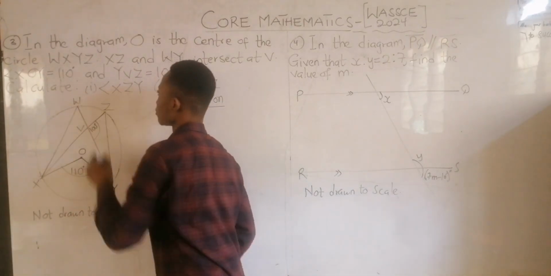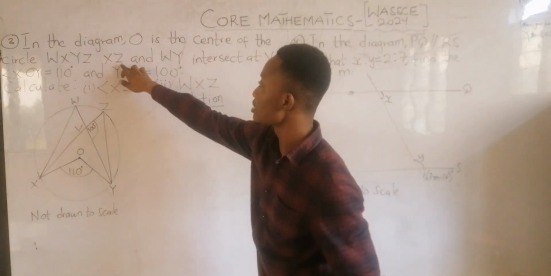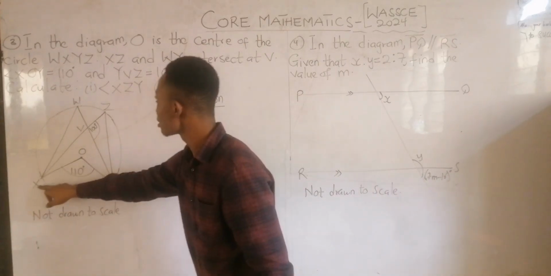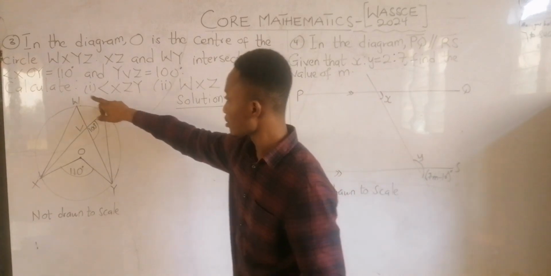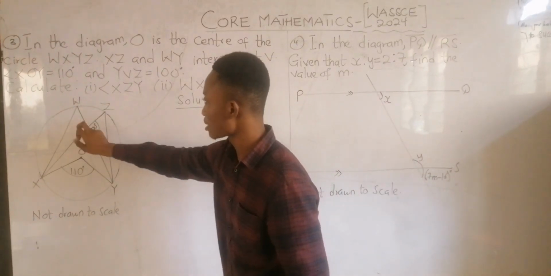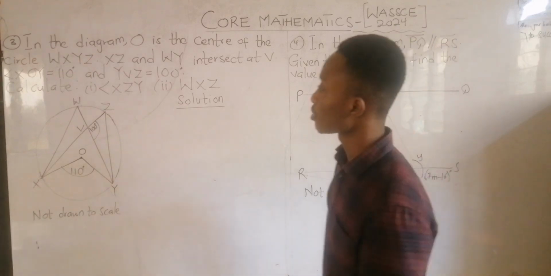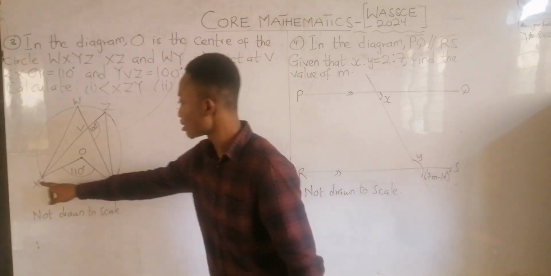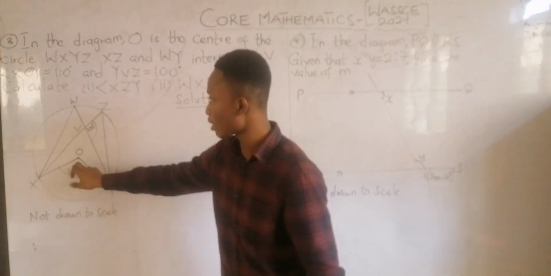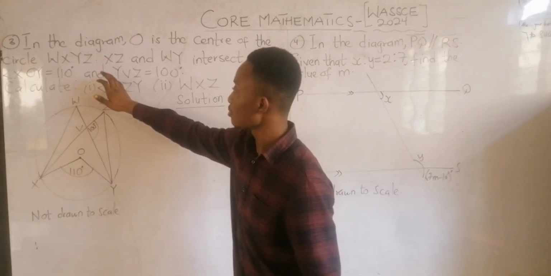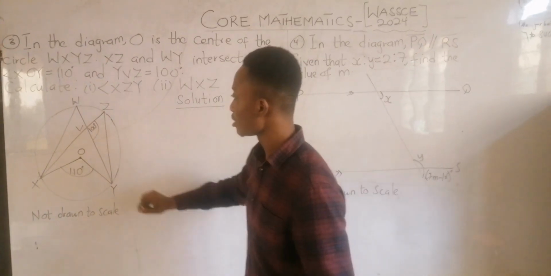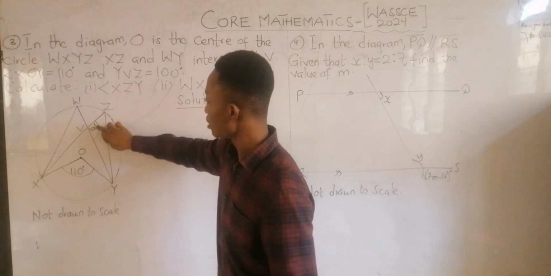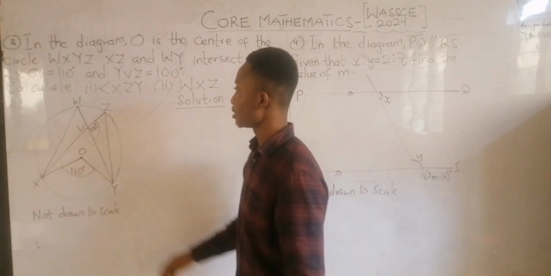XZ and WY intersect at V. Angle XOY is equal to 110 degrees, and angle YVZ is 100 degrees.